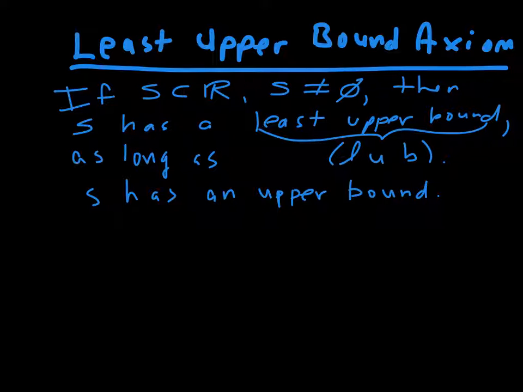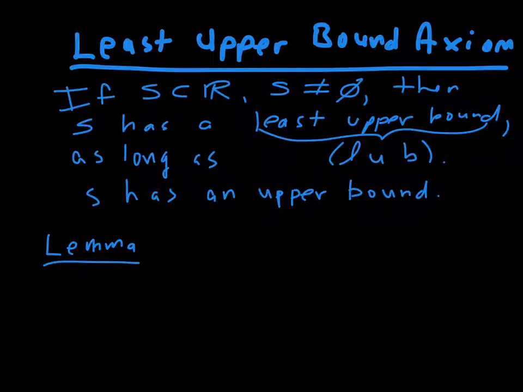Now we can use this to prove the following thing that I'm going to call a lemma, because I'm going to use it in the proof of a couple theorems in just a minute. This is one of those things that looks intuitively true. It just makes so much sense. But frequently obvious things in mathematics require proofs.